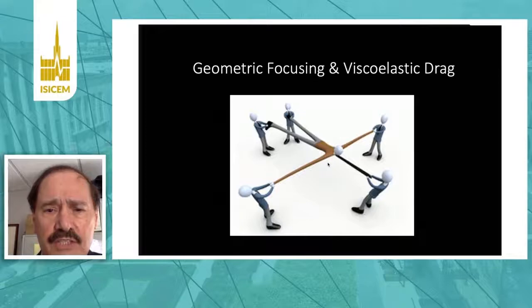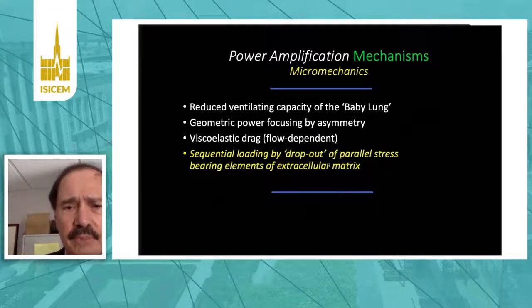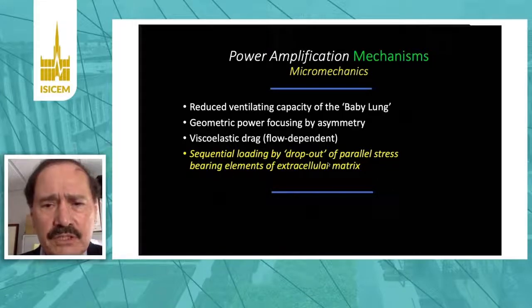That's the viscoelastic drag. I don't want to spend too much more time on this, but this is a micromechanical force that's been talked about by Mead and by Walter Zinn and others who are describing what happens in the damaged parenchyma.